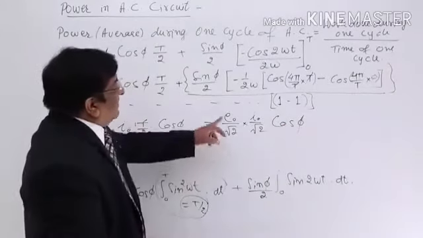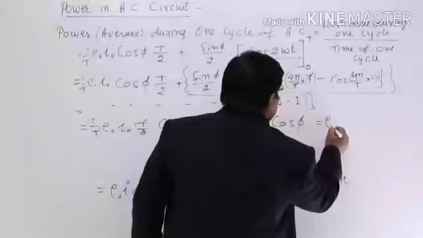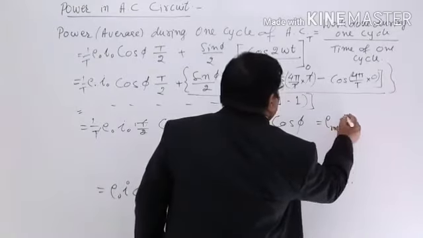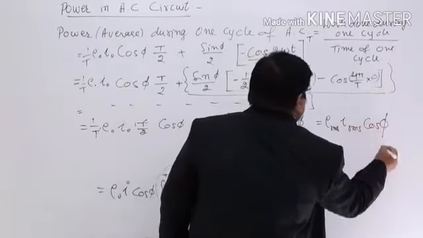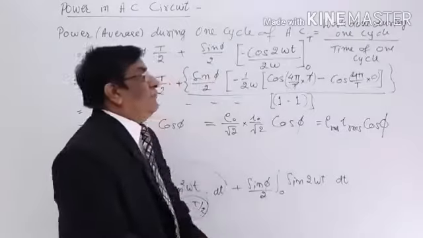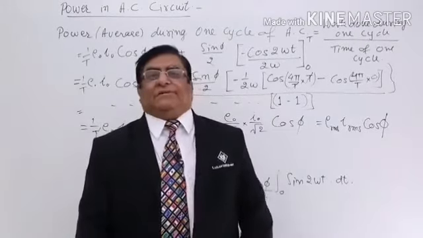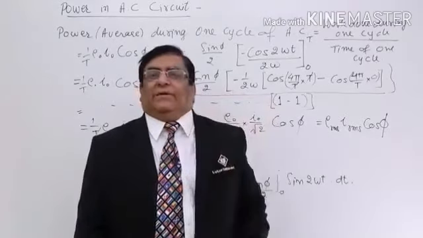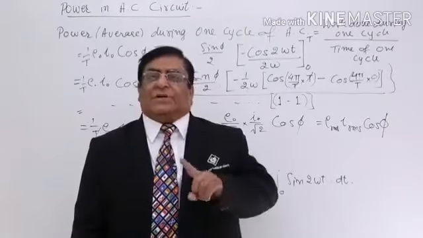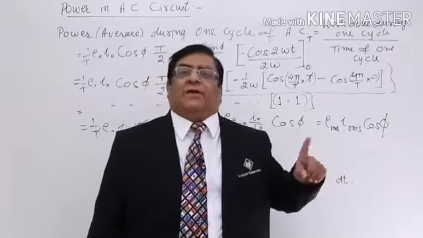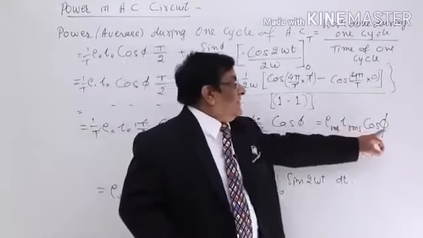Now we know that peak value upon root 2 is the RMS value, so this is E RMS, I RMS and cos phi. What is phi? From the very beginning we have said that phi is the phase difference between E and I, when the equation of E is E naught sin omega t and the equation of I is I naught sin omega t minus phi.